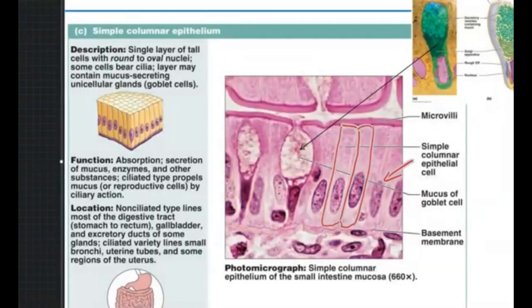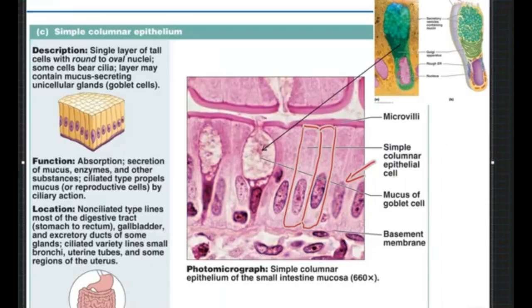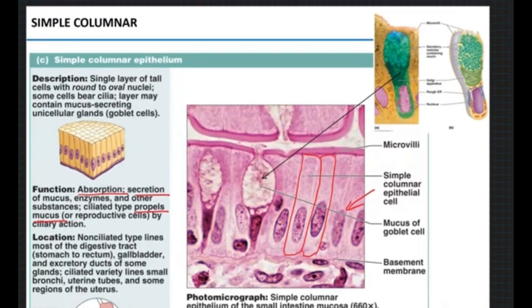Absorption and secretion, first and foremost. Absorption, secretion, and mucus propulsion.